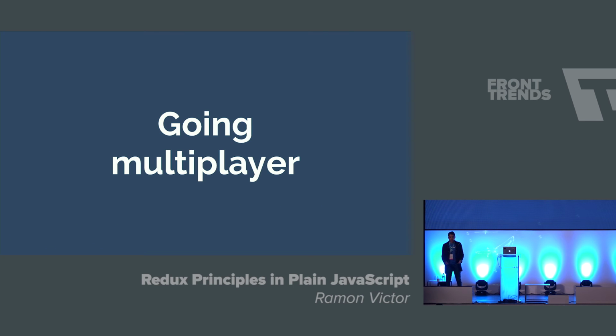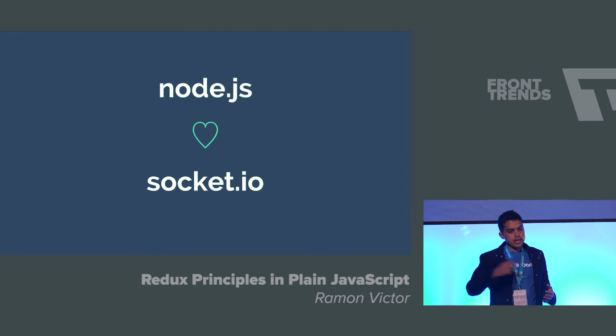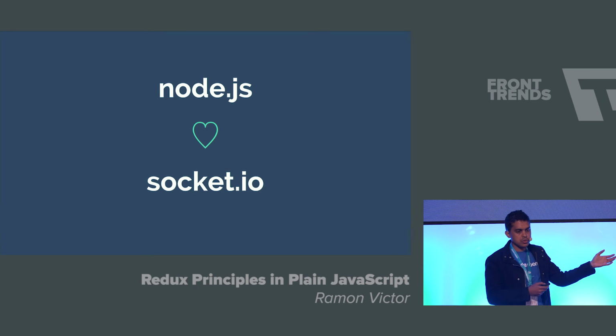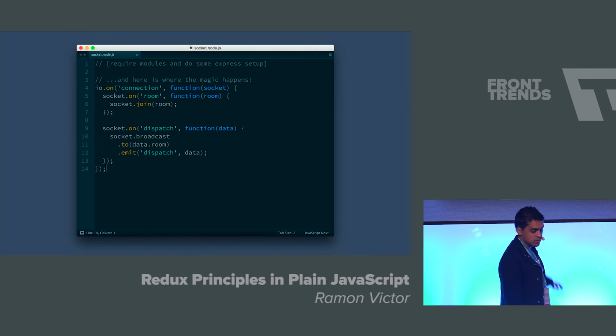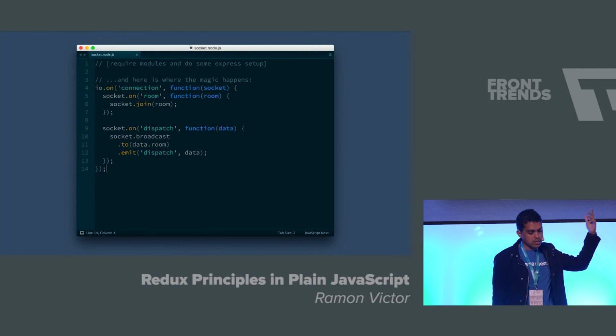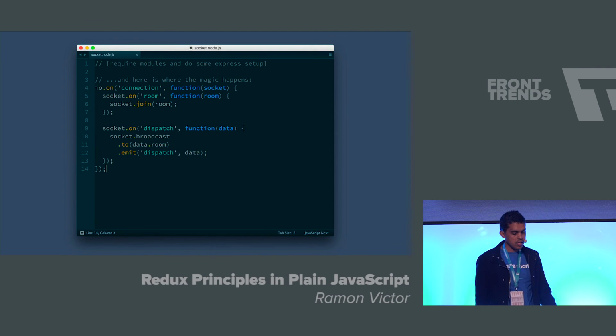I also did something for this particular example. I did a multiplayer version using Node.js and Socket.io, where I receive the action coming from the front end and just send the same action to the other client. This is the back end for this particular project. There is nothing more than this. A little bit before, I require the modules, and then I dispatch the same action that comes from the front end on line 12.